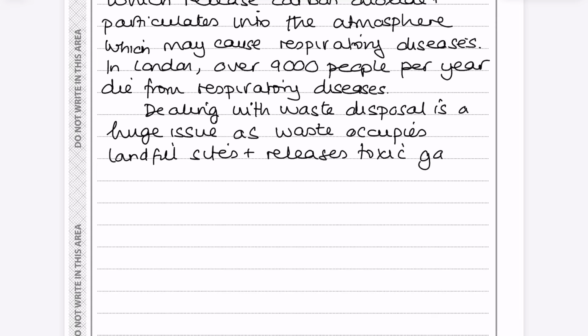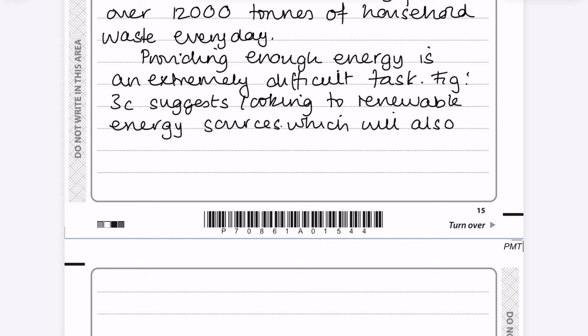Figure 3C suggests looking to renewable energy sources, which will also reduce CO2 emissions. So that links nicely with the issues with air pollution.